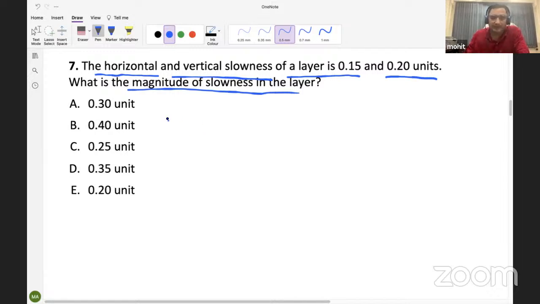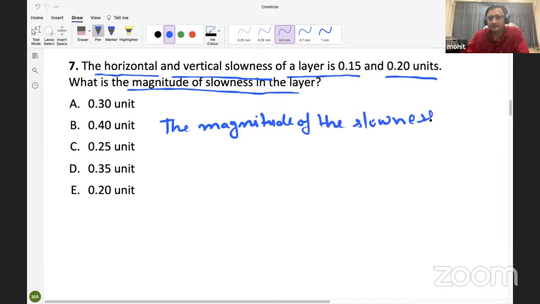So we can say that the magnitude of the slowness vector can be written as under root of p square plus eta square.